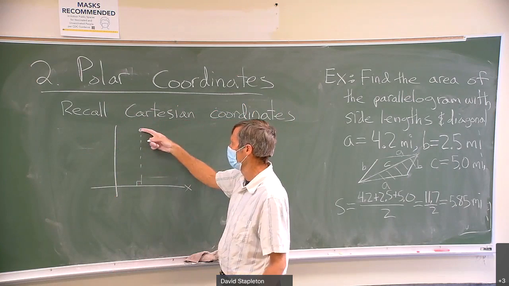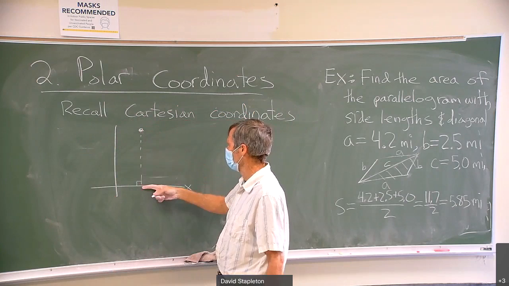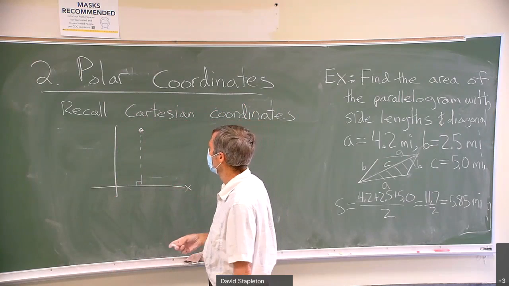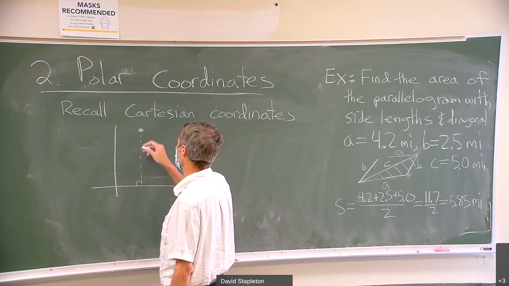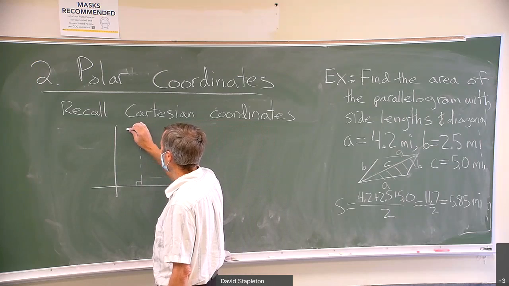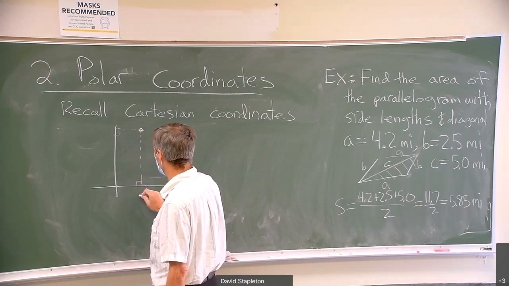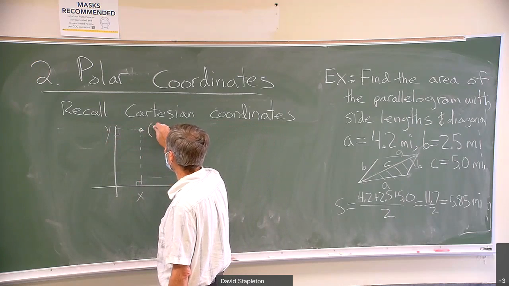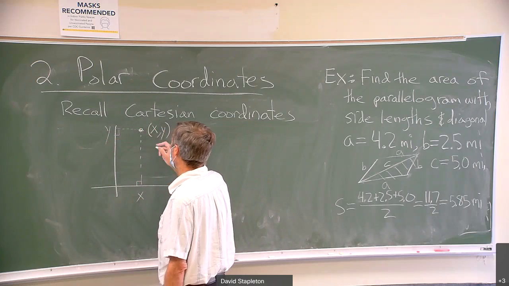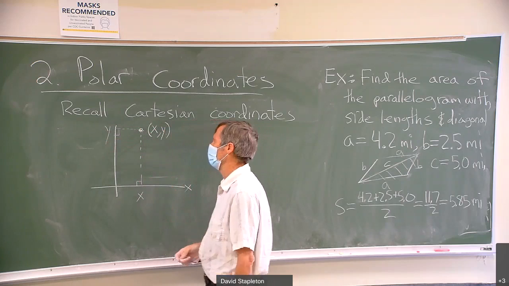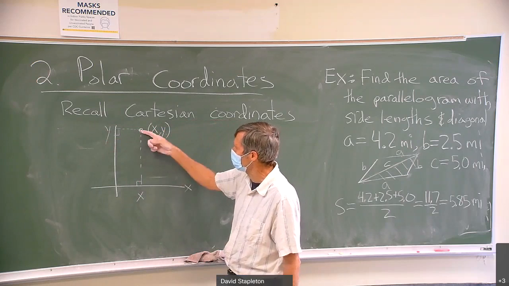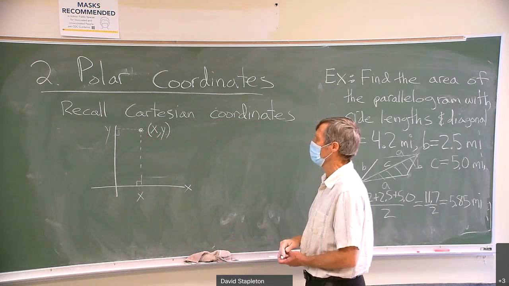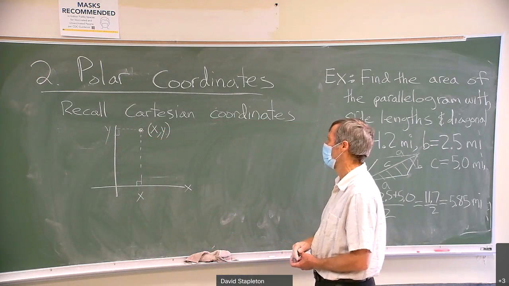Each point has a unique perpendicular to the line. And a unique perpendicular over here. If this one intersects at x and this one intersects at y, then we'll say that the coordinates of this point are x, y, and that ordered pair identifies the point, right? It's the one that has a perpendicular drop to here and a perpendicular drop to here. That uniquely identifies the point with an ordered pair of numbers.